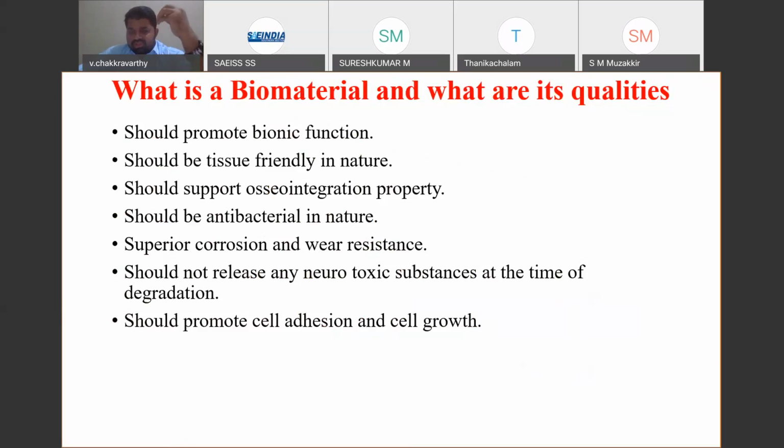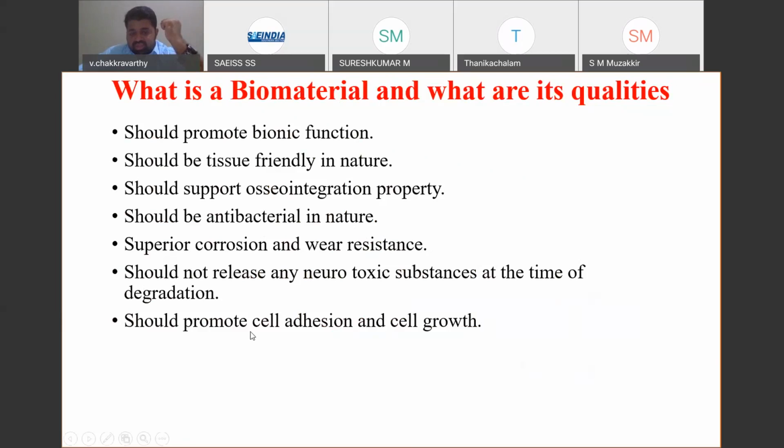When the material is getting corroded, nickel will mix with the blood. The metal will release some nickel content into the blood, and that nickel content will lead to a lot of allergic reactions in our body. So your implant material should not release such allergic materials. It should be that much corrosion resistant. Yes, that is very, very important.